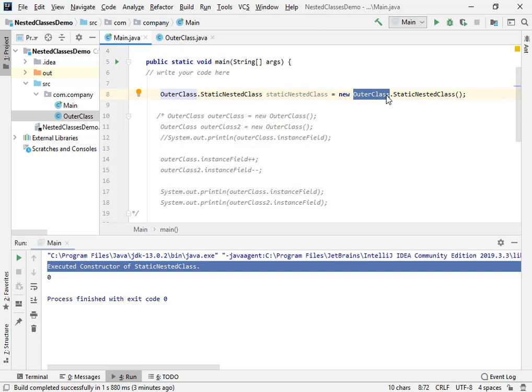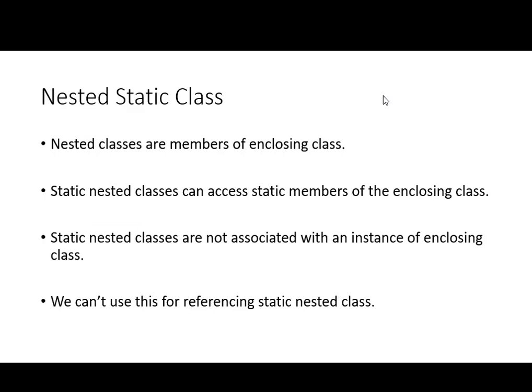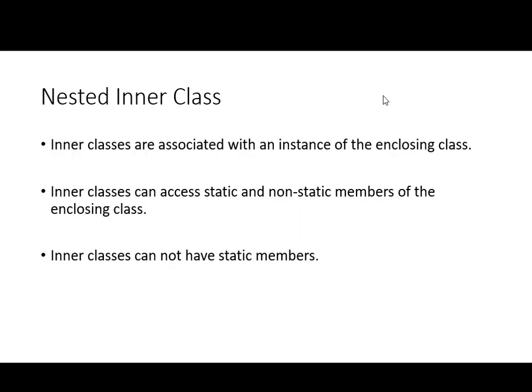But when you have to create an instance of an inner class or non-static nested class, you must first create an instance of your outer class. So that is the point right here, that inner classes are associated with an instance of the enclosing class. So they don't have a direct access, just like a non-static instance variable.